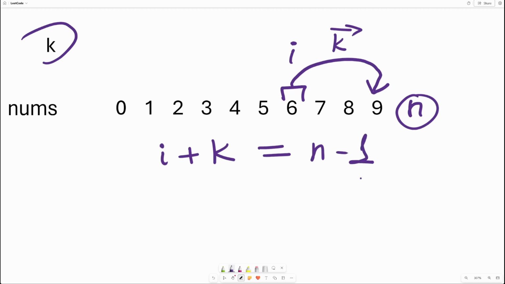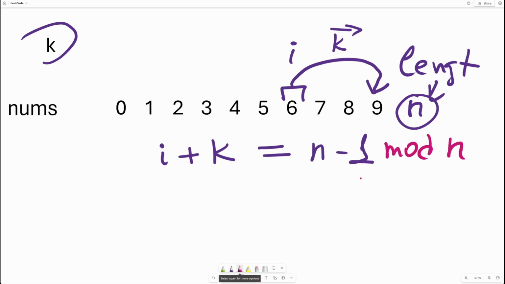So n is length. So length is n. However, what if k is very large? So basically what should happen is this should be true modulo n. Right?